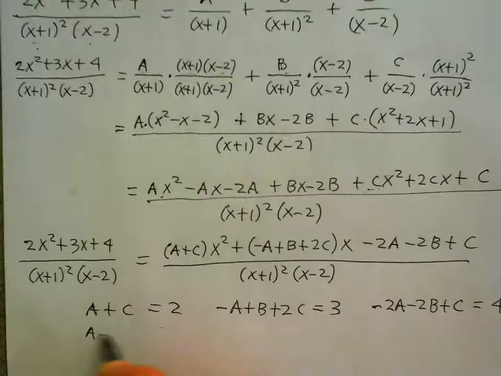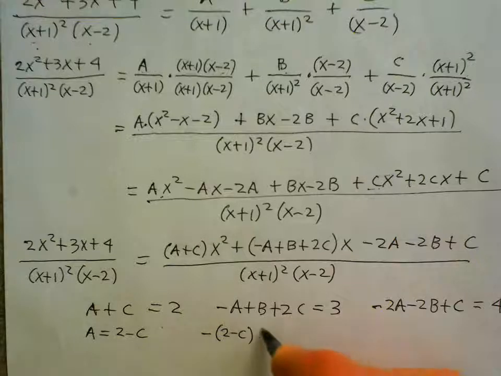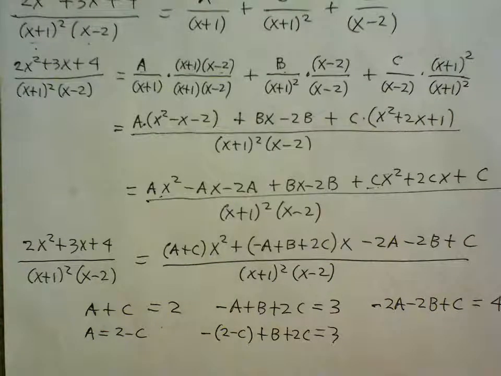A equals 2 minus C. And then in each of the other 2 equations, we'll replace A with 2 minus C. So negative A, that's the negative of the quantity 2 minus C, and then plus B plus 2C equals 3. On the right-hand side, replace A with 2 minus C, so we get negative 2 times the quantity 2 minus C, and then minus 2B plus C equals 4.